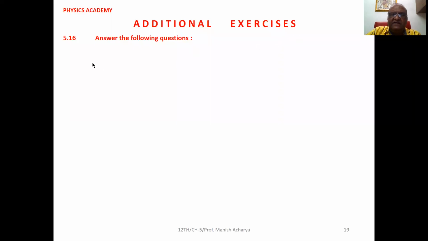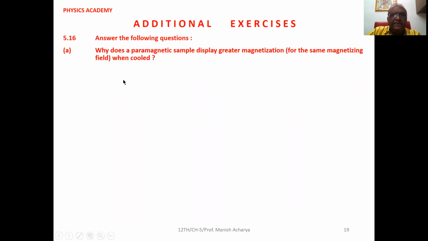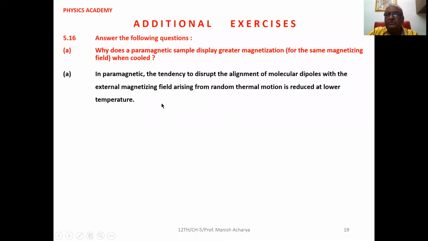Additional exercise. Now this one is theoretical. Example A. Why does a paramagnetic sample display greater magnetization for the same magnetizing field when cooled?